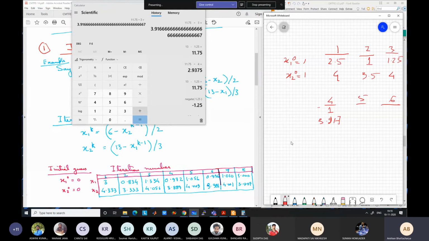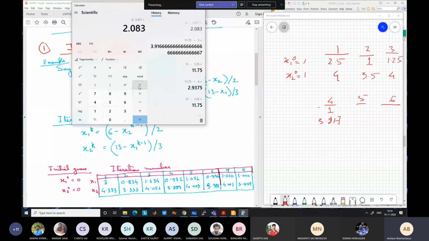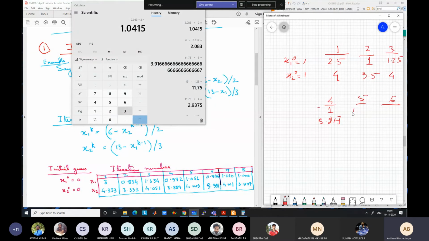There it was 3.889. Here already it is 3.9, and again it will deviate from 1, but the deviation will be very small. Let us do one more last iteration. So it is 6 minus 3.917 divided by 2, which is 1.042.